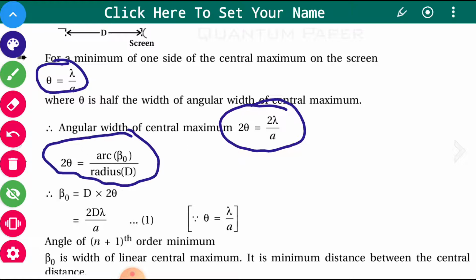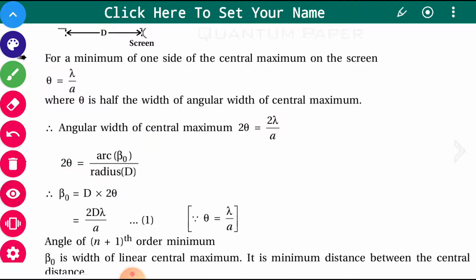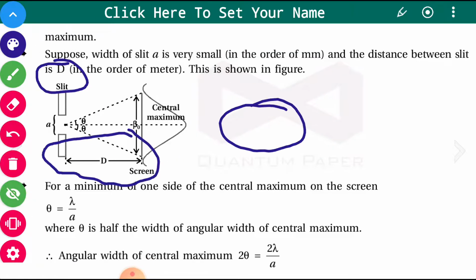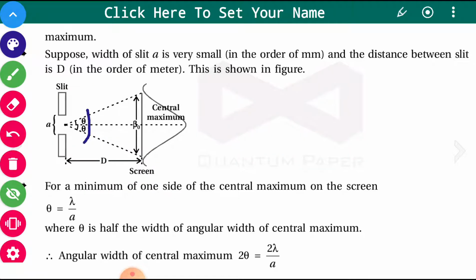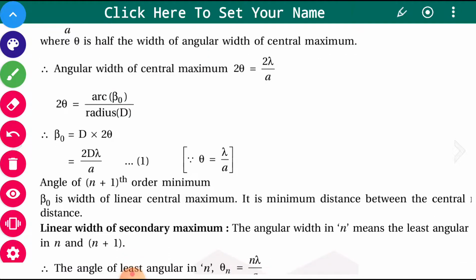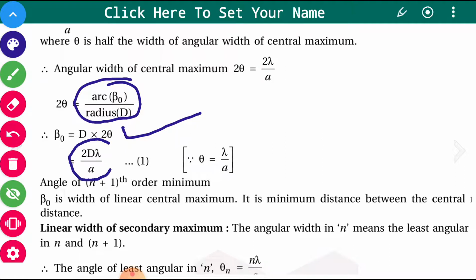So arc is beta 0, radius is capital D. You can see here that 2 theta, the angle, is equal to arc beta 0 upon radius, that is capital D. So beta 0 will be D into 2 theta, and that will become 2 D lambda upon a, as theta is lambda upon a.